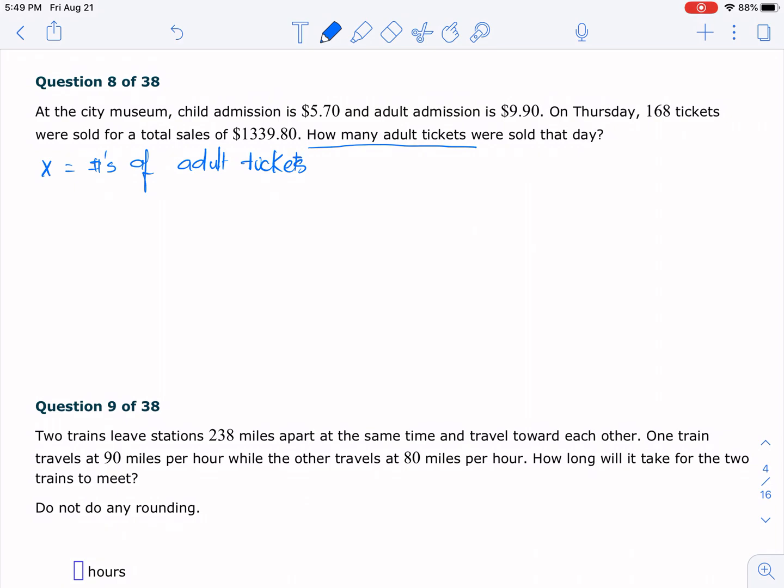So if x is the number of adult tickets, and if there is a total of 168 tickets altogether, that means 168, which is the total, minus x is the number of child tickets.